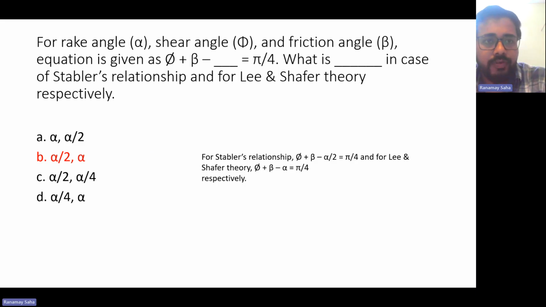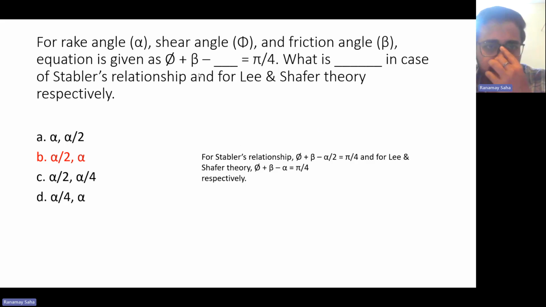Next question asked for rake angle alpha, shear angle phi, and friction angle beta. The equation is given as phi plus beta minus a term equal to pi by 4. In the case of Stabler's relationship and the Lee-Shaffer theory, that term is related to the rake angle.